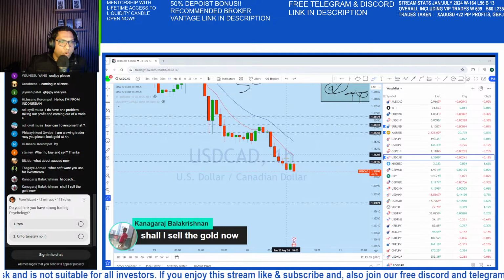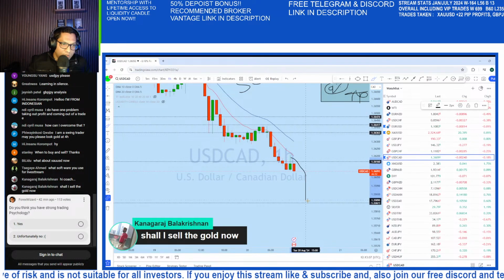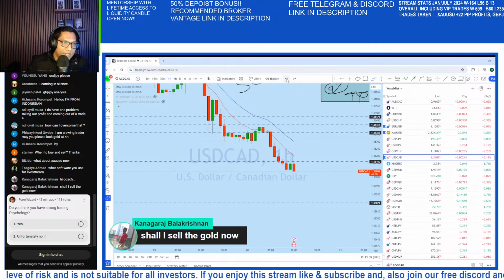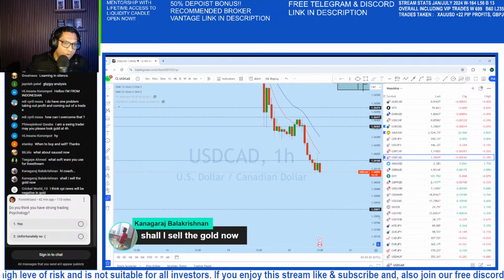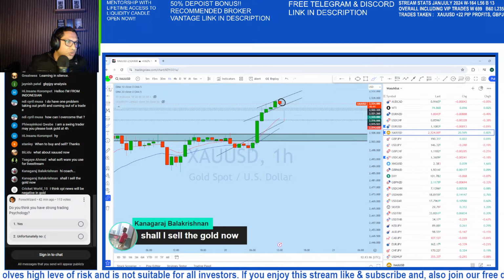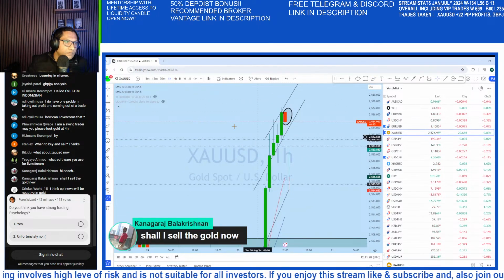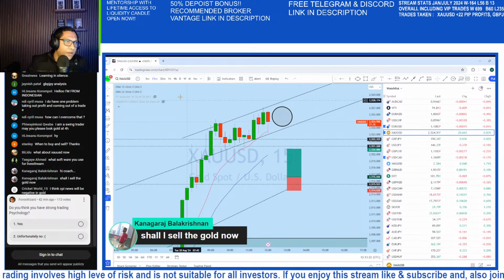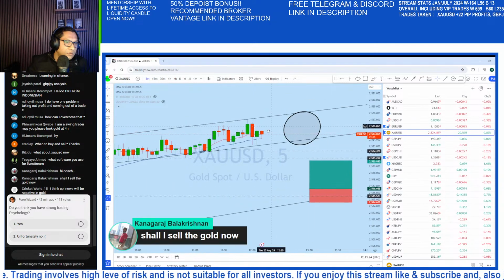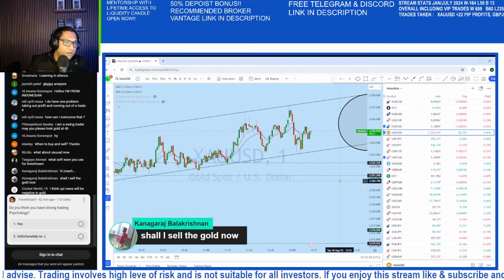Okay, so dollar CAD, we can see that from this level it started to drop in that direction. We could see that it's breaking below this support, and I'll go back to gold again to see how the market is evolving here. Okay, here is gold, 1 minute chart.